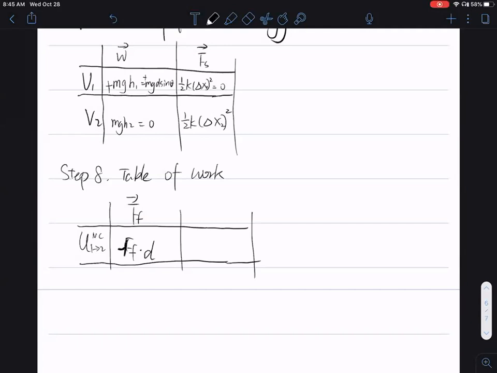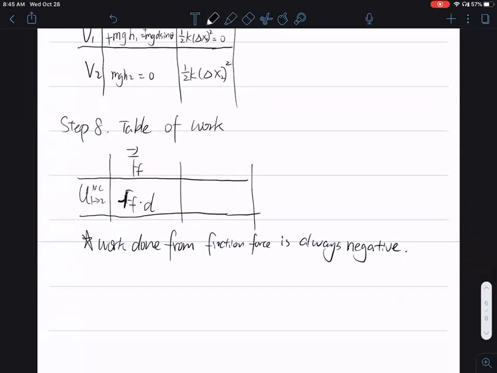Keep a note here, that's something you should remember: work done from friction force is always negative. In this problem, we only have one non-conservative force.